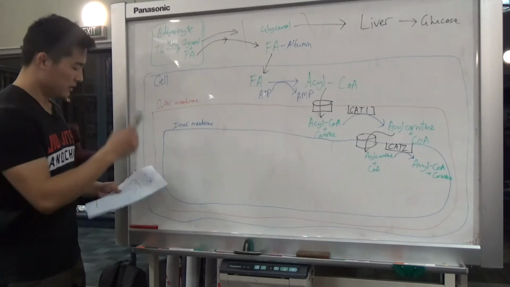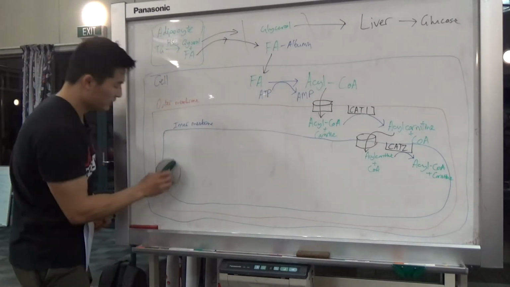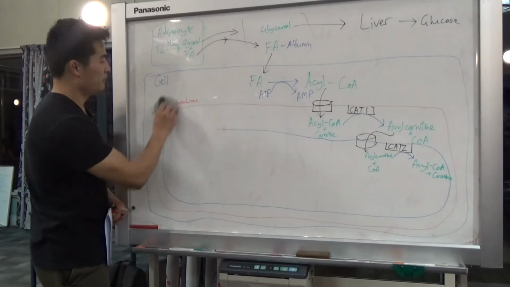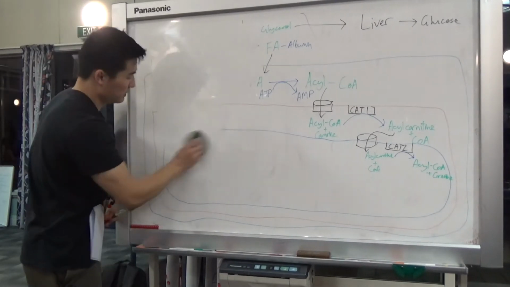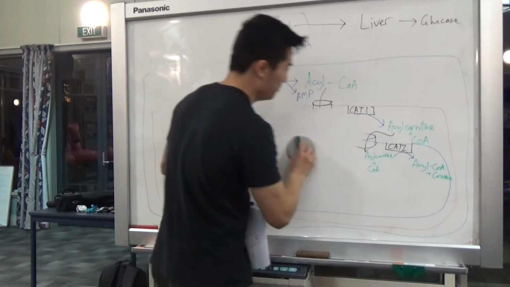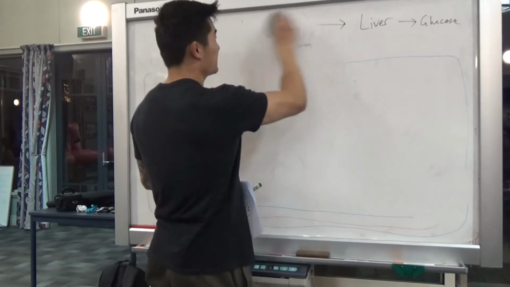So now we'll go through beta oxidation once the acyl-CoA is inside the cell. I'm just going to make this a bit bigger. And all of this is going to be happening inside the mitochondrial matrix.